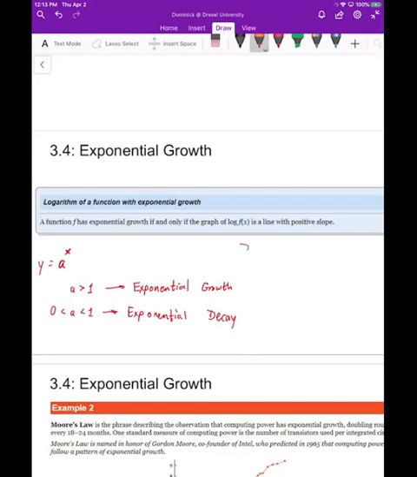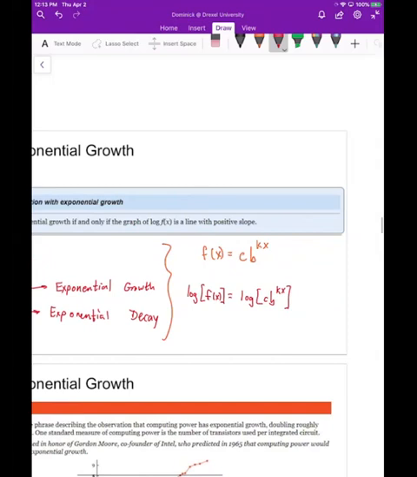The idea behind that is, we know that f of x for an exponential function would be something like c times b to the kx. Now, if you take the log of f of x, then we have the log of c times b to the kx. And we can use some of our log rules to break this up, right?